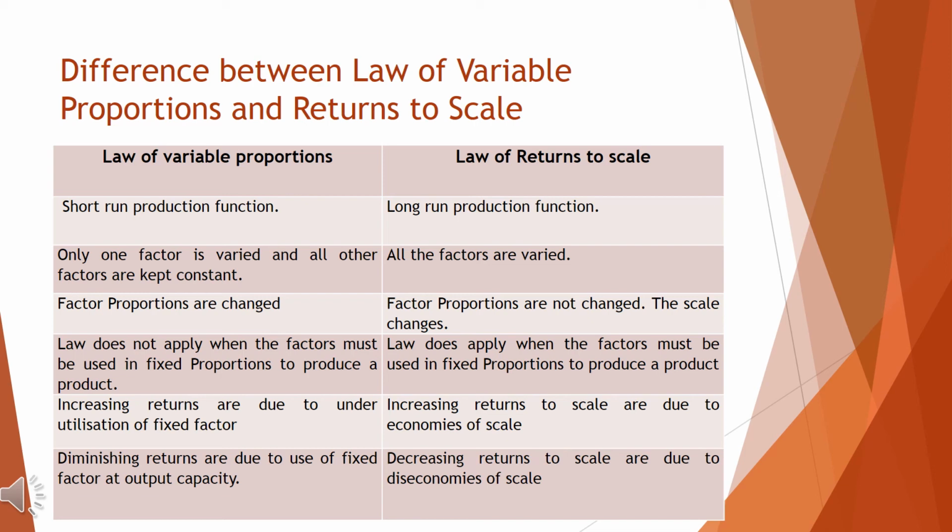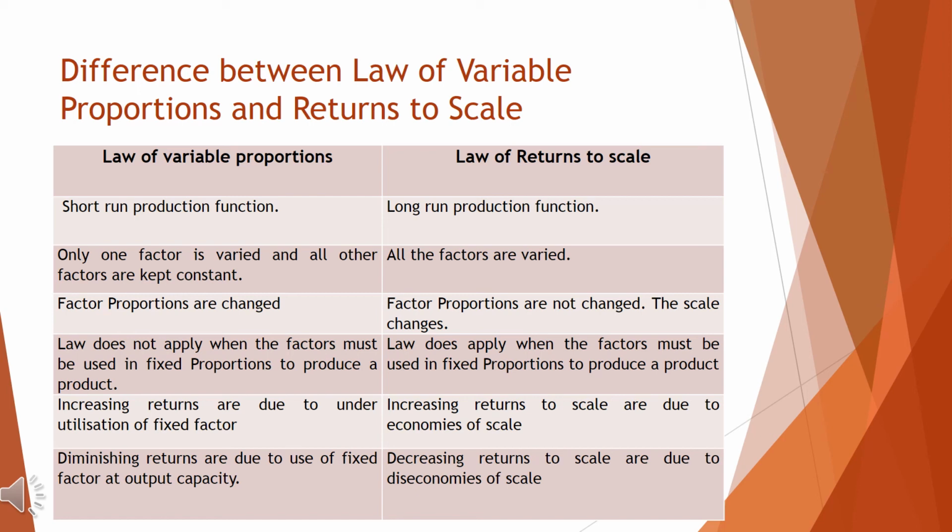In the law of variable proportions, there are 3 stages. In the first stage, increasing returns, total production and average production rise, and marginal production rises and then starts falling.